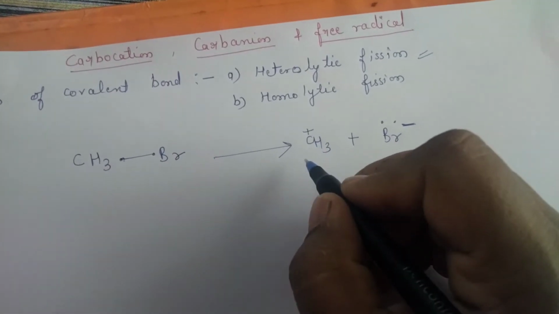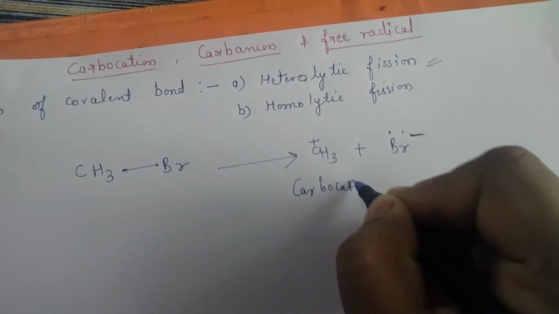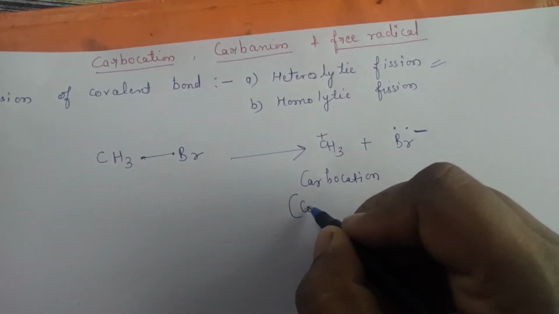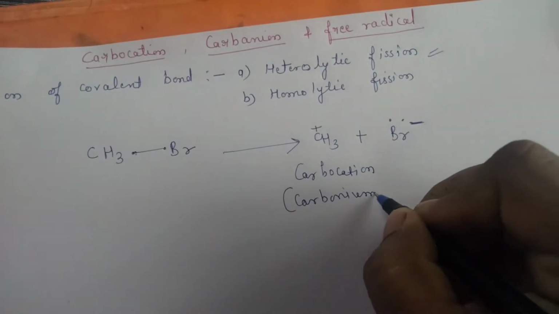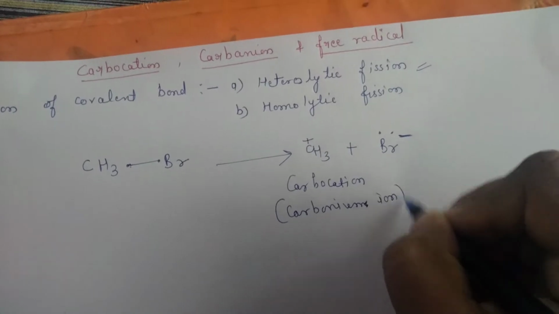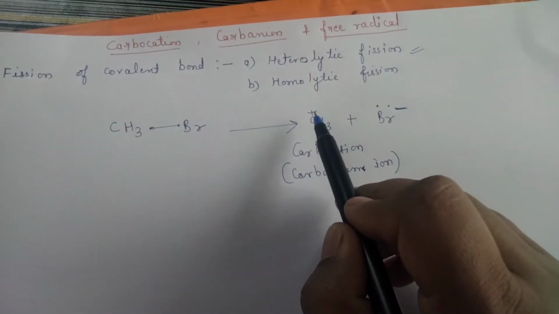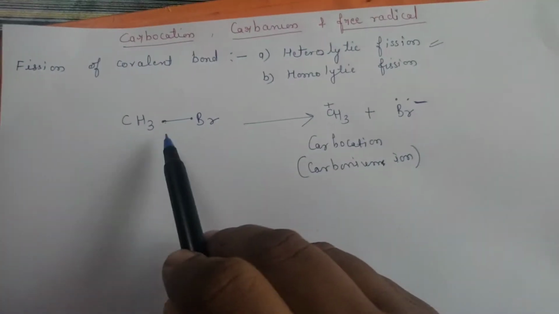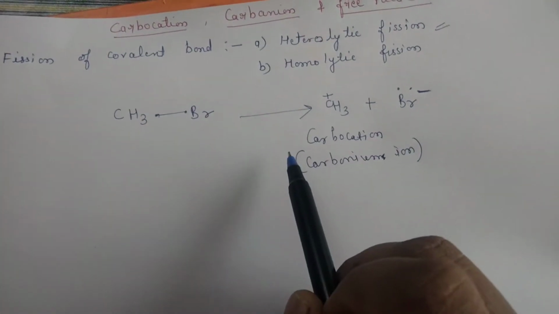So this type of carbon atom is called carbocation. This carbocation was earlier called carbonium ion. So the carbon atom having positive charge and 6 electrons in its valence shell, formed by the heterolytic cleavage of covalent bond, is called carbocation.